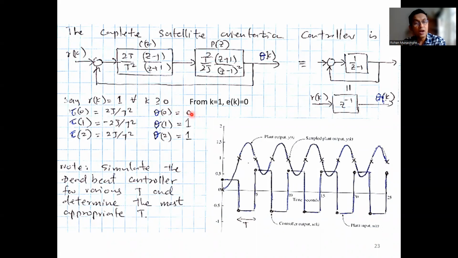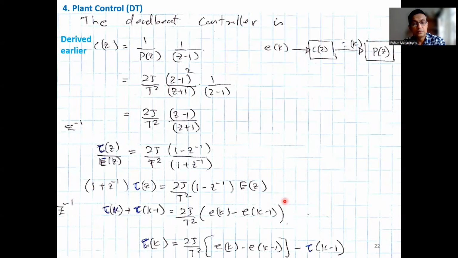That's where we started the whole thing with the initial settings to 0, right? Error is 1, right? And therefore, error is 1, and previous errors we don't consider, and then the result is 2j over t square.